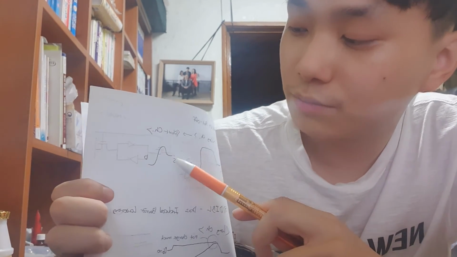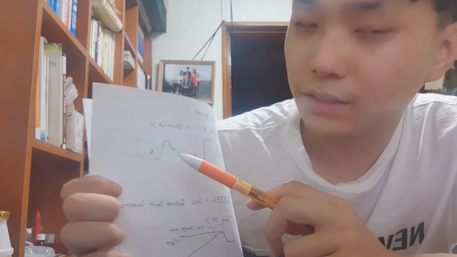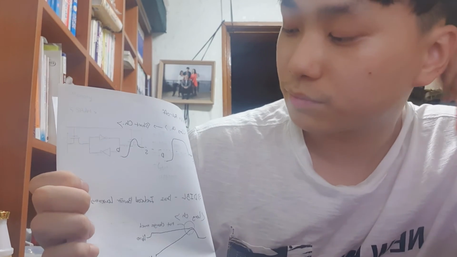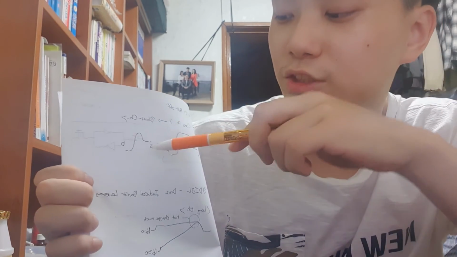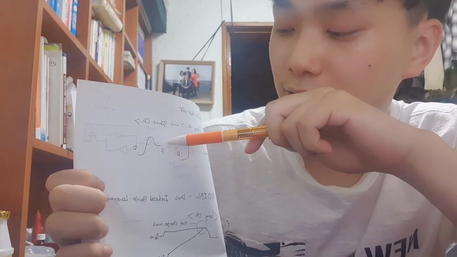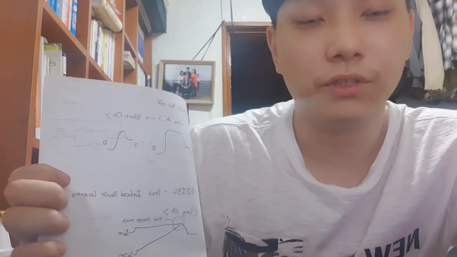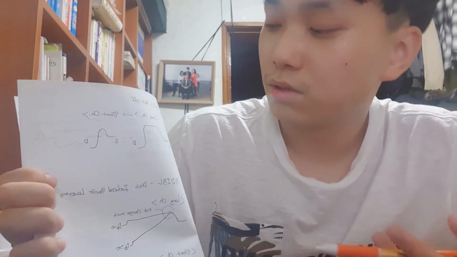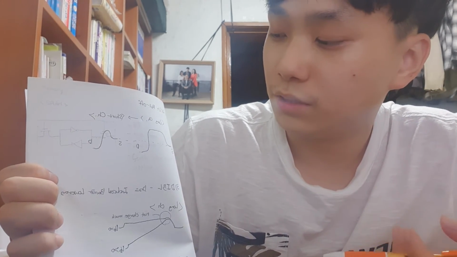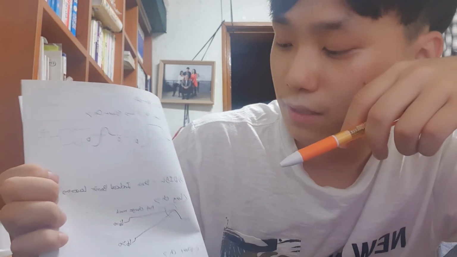But when it becomes a short channel, the gate barrier becomes lowered, so it is easy for electrons to jump from source to drain. It makes the VT roll off, so we call this effect VT roll-off.